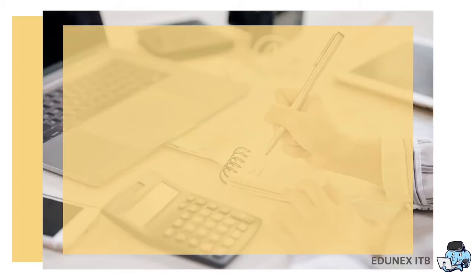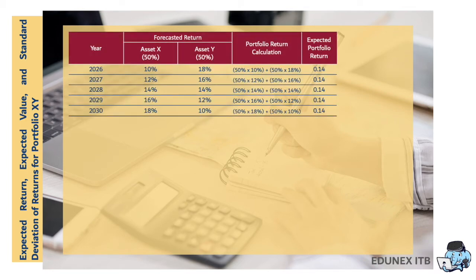Let's see how to calculate expected return, expected value, and standard deviation for portfolio. Here we have asset X and asset Y, and both weights are 50%. In order to find expected return of the portfolio, we need to multiply the asset's expected return to its weight and sum it.